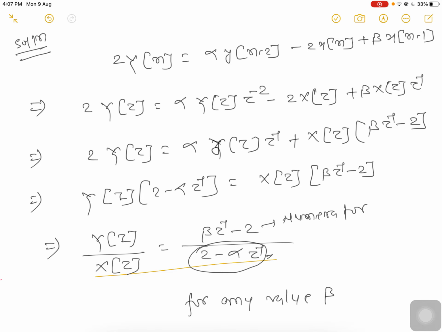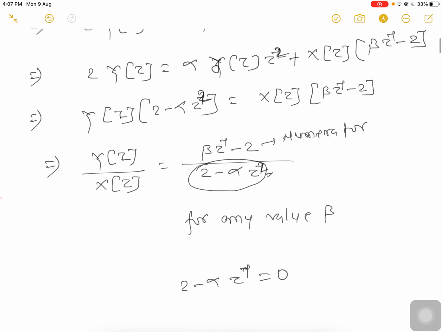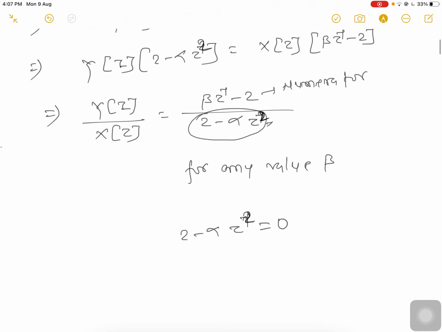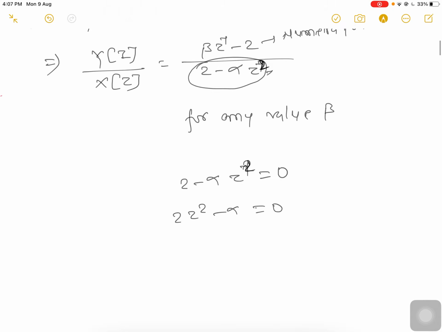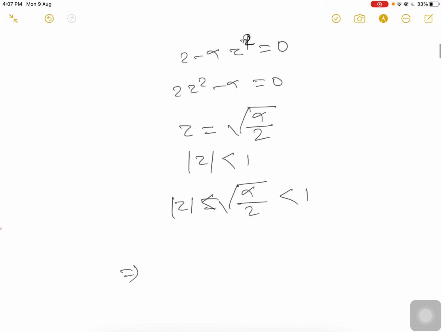Here it should be z^-2, not z^-1; a mistake was made. Multiplying by z^2, we get 2z^2 minus alpha equals 0, so z = root of alpha by 2, and mod z should be less than 1 to include the unit circle. So mod z is root of alpha by 2, which should be less than 1.